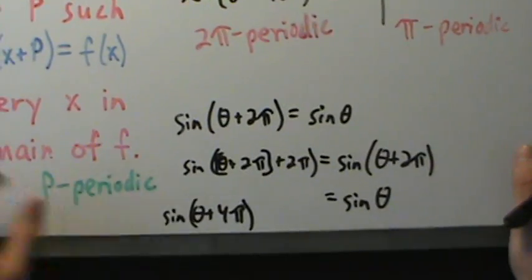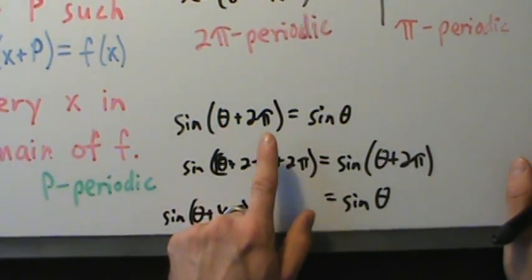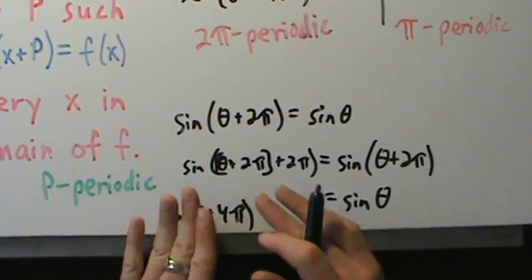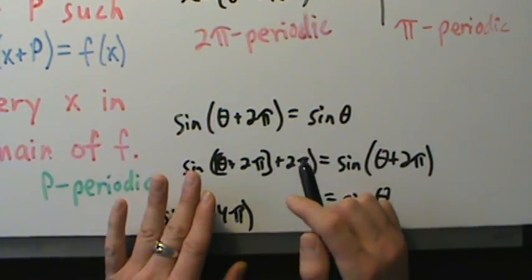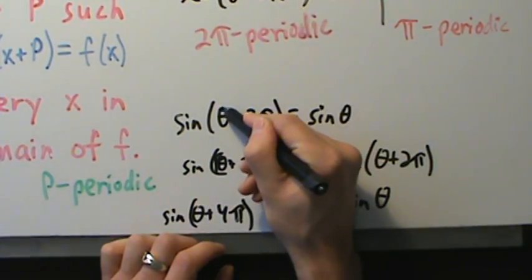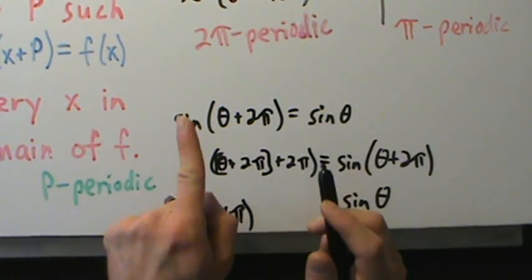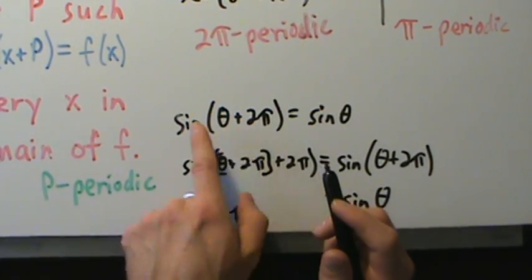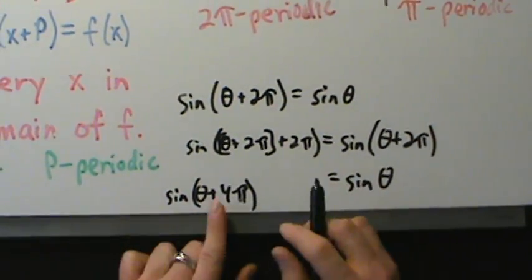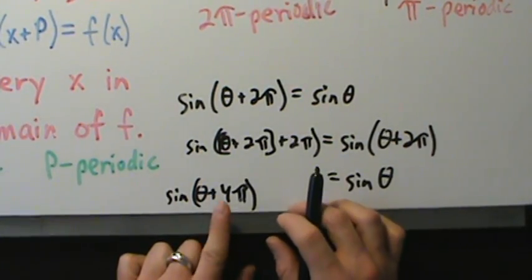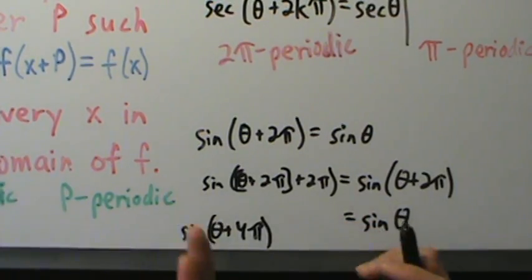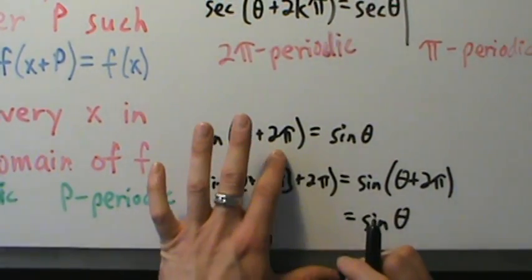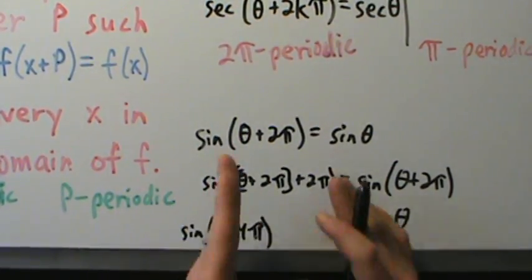So here 2 pi is the smallest positive number that makes that true, even though there are infinitely many numbers that satisfy it, only one of them can be the smallest. Okay, so that's the point we want to make here, is that there's really only going to be one period for a function because only one number can be the smallest positive number that satisfies that. So 4 pi also satisfies this for sine, cosine, cosecant, and secant. 4 pi, 6 pi, 8 pi, they all satisfy that, but 2 pi also satisfies it, and it's the smallest positive number.